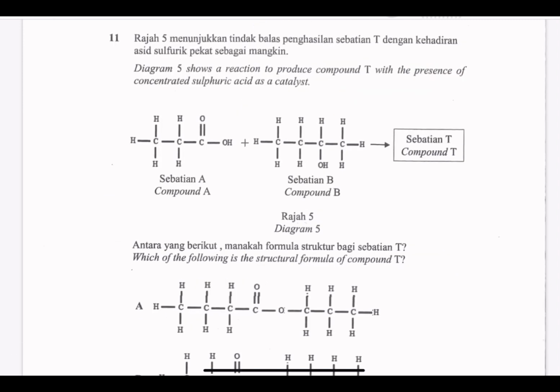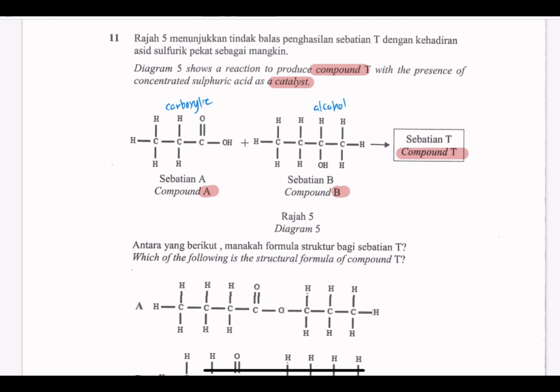Okay, 11. The reaction produces a compound T with the presence of concentrated sulfuric acid as a catalyst. Okay, this is our compound T, and our reactants are compound A and compound B. From the structural formula, we know that compound A is a carboxylic acid and compound B is an alcohol.